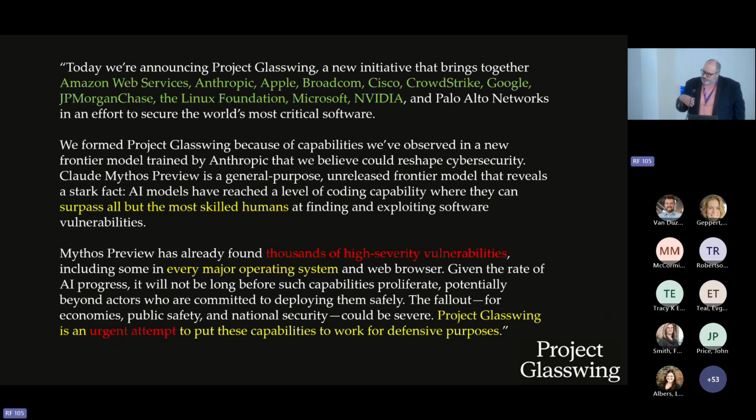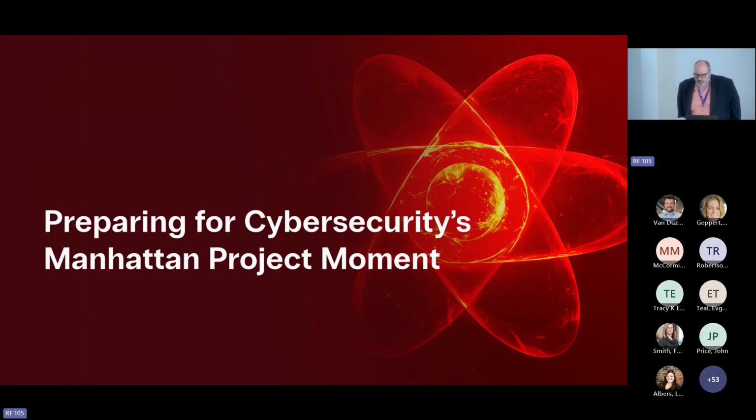And that can be a theme for research in the medical sciences, in our academic space. Many are talking about a Manhattan Project moment for cybersecurity right now, that we need a massive investment in that space to ensure that we are protected from the capabilities that are coming out.